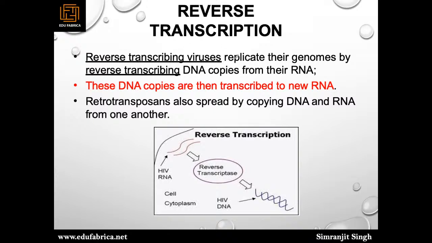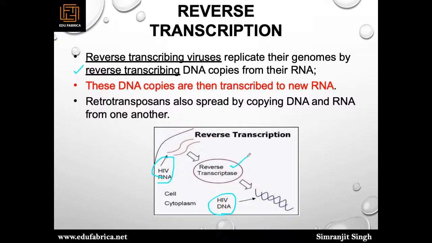Then there are reverse transcribing viruses, which replicate their genomes by reverse transcribing DNA copies from their RNA, and these copies then enter new RNA. So in viruses, the HIV RNA will produce HIV DNA with the help of the reverse transcriptase enzyme.